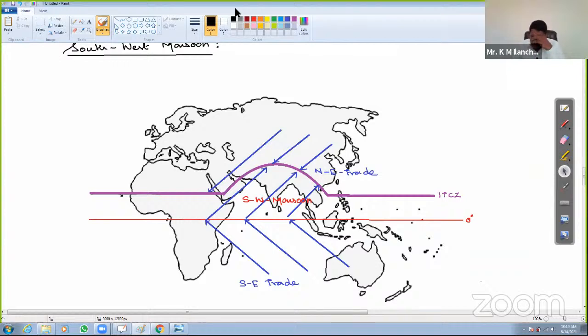This bend is even beyond the Tropic of Cancer.